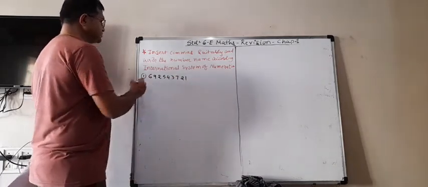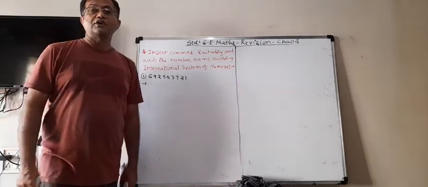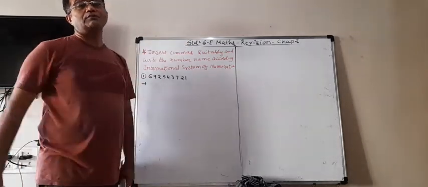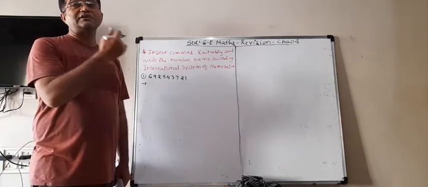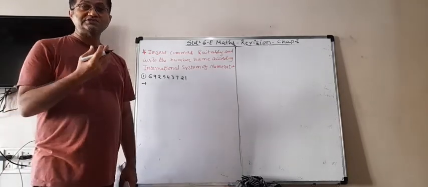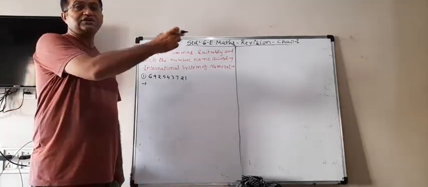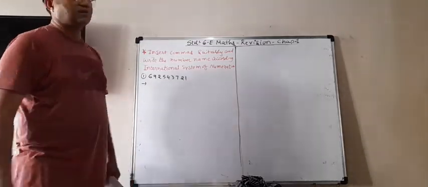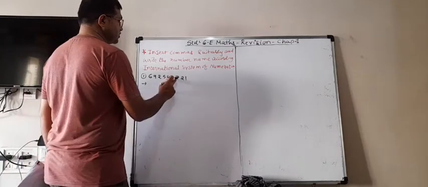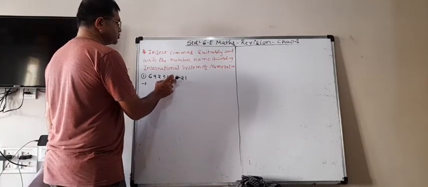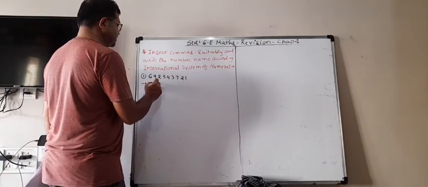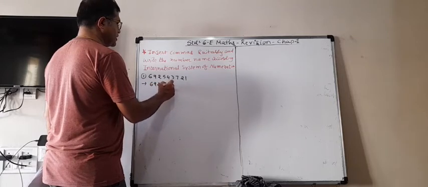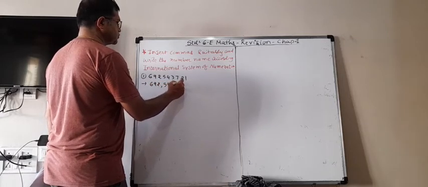In the international system, we have to put commas starting from the right side, leaving three digits each. In the Indian system, first 3 digits, then after every 2 digits. But here, every 3 digits we have to count. So here you will see there will be 2 commas. So 692,543,721.